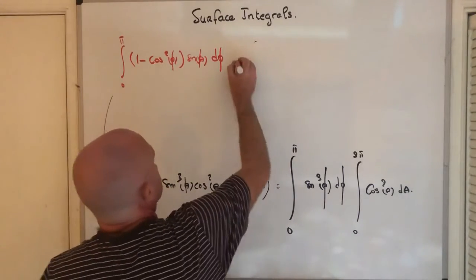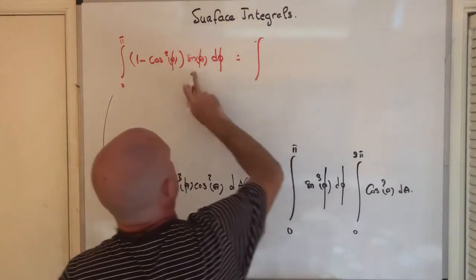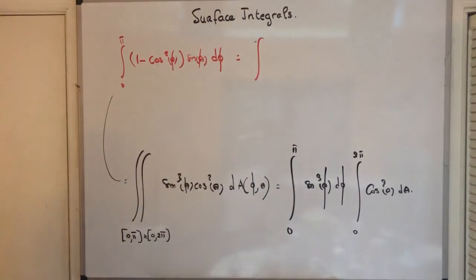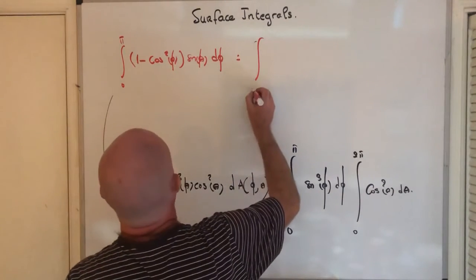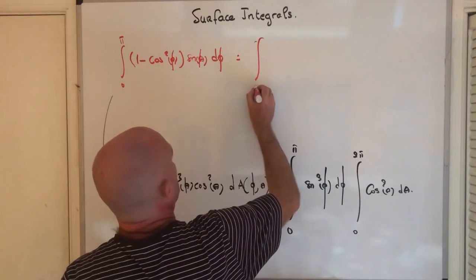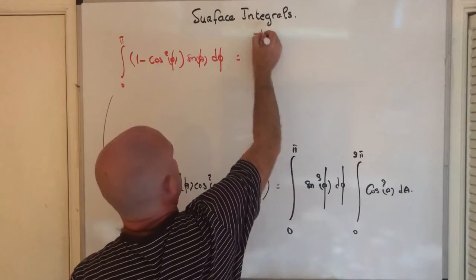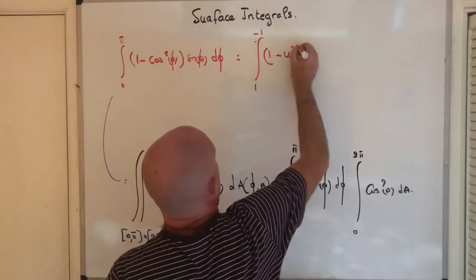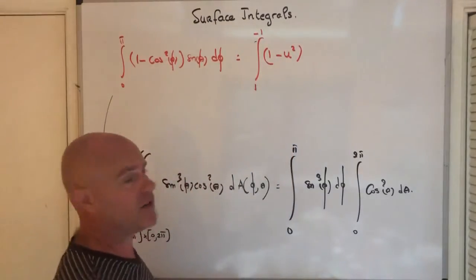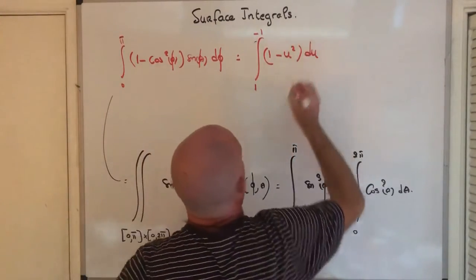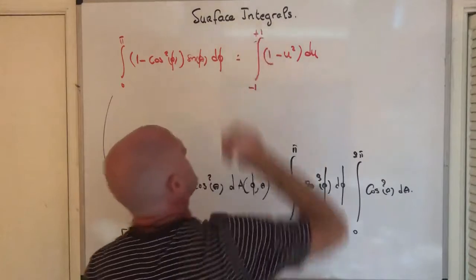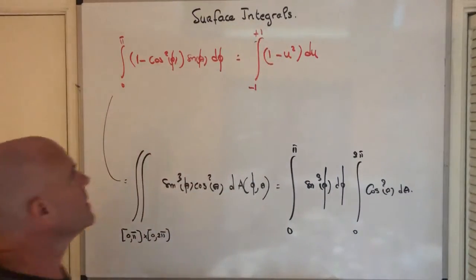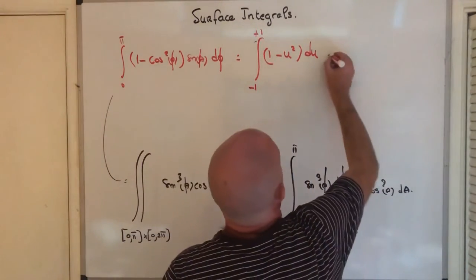And so that guy is nothing else than the integral. If I make a change of variable cosine phi equals u, I get an integral from u equals 1 to minus 1 of 1 minus u squared, and sine phi d phi is minus du. So I write it like this. And this is, of course, easy to integrate.